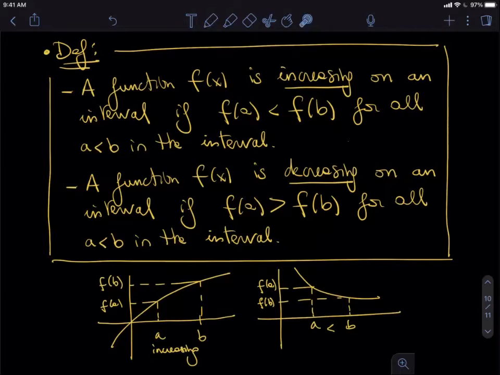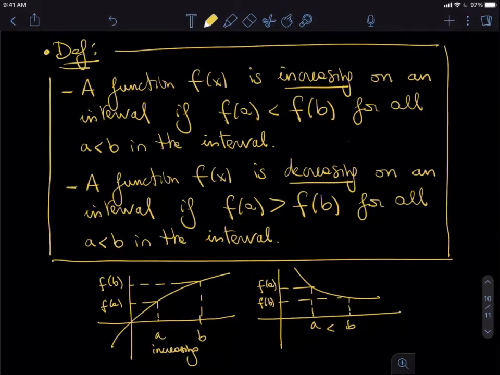That means that as I move towards infinity, the value of the function decreases. As I move towards the right, the value of the function goes down. So that is what decreasing means. But mathematically, we write it like this. If a less than b, then f of a bigger than f of b.